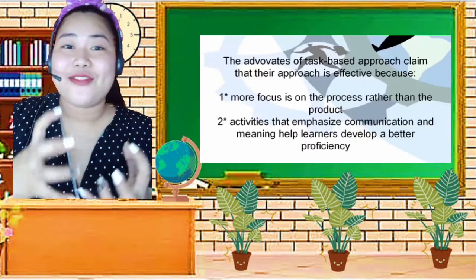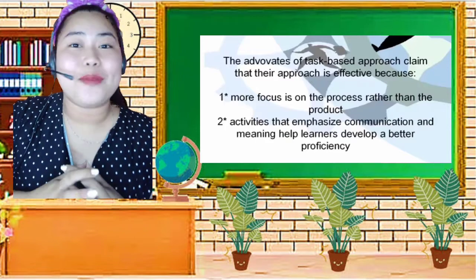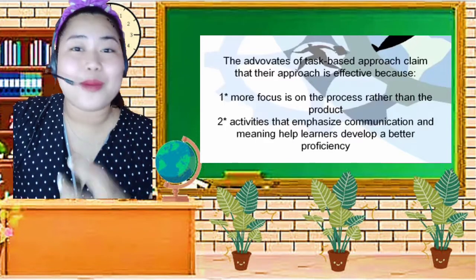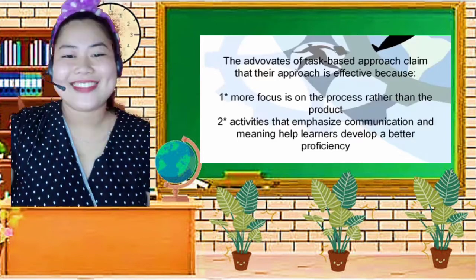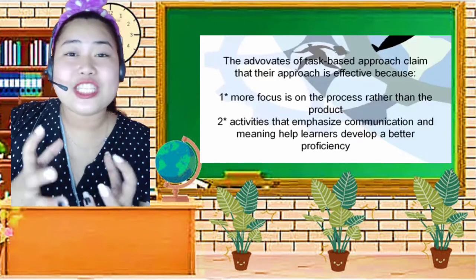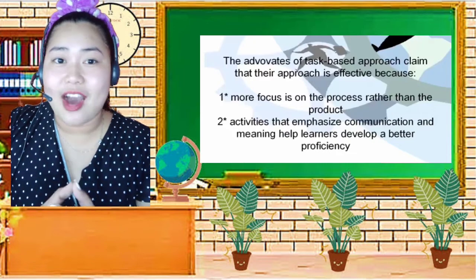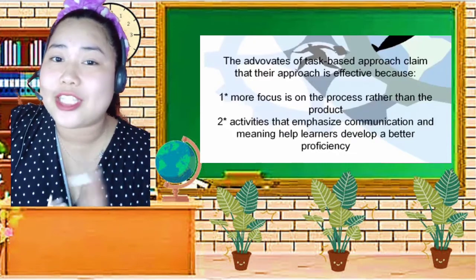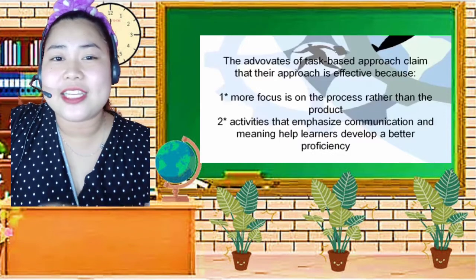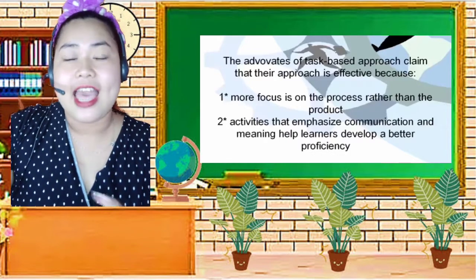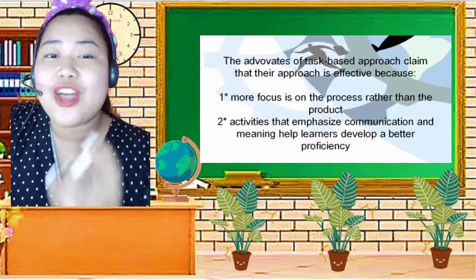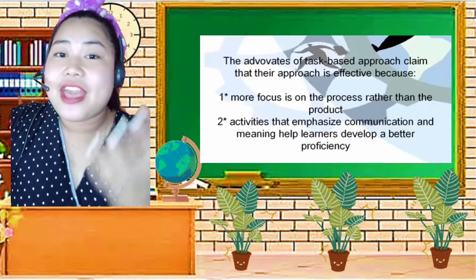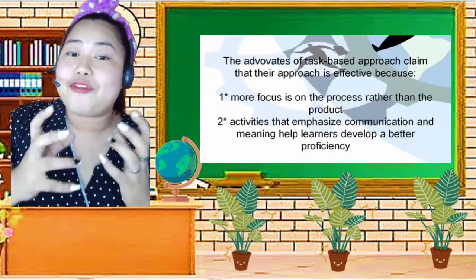Second, activities that emphasize communication and meaning help learners develop better proficiency. Teachers who make use of the task-based approach have to ensure that students are communicating, understanding meaning, and understanding what others are saying. This is the way that they can develop better proficiency.